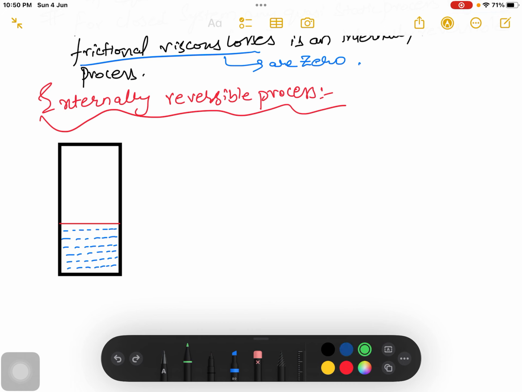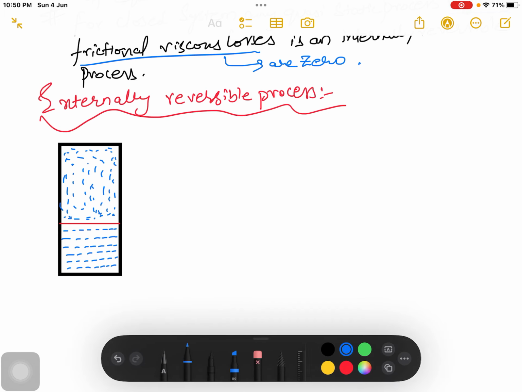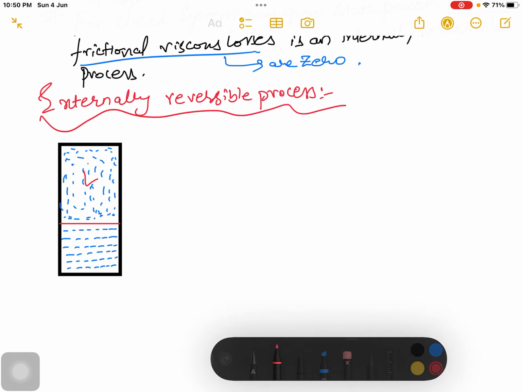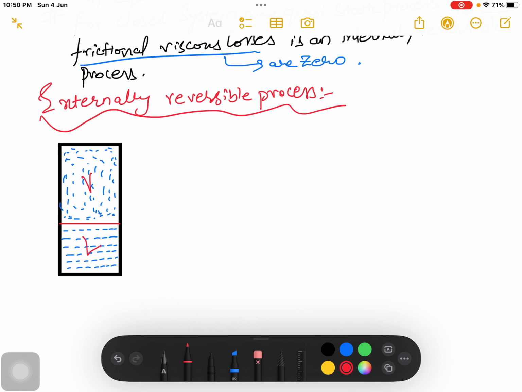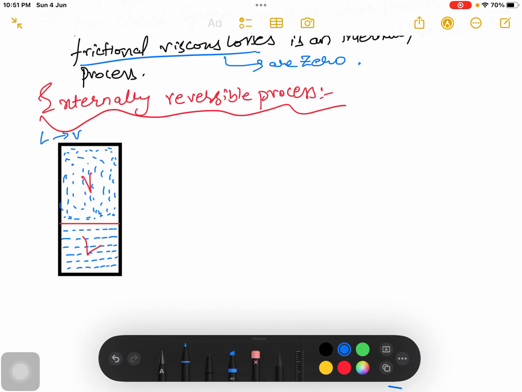Okay, this is liquid and this is vapor. When I am taking the condition of liquid to vapor, suppose I want to convert this large amount of liquid totally into vapor.